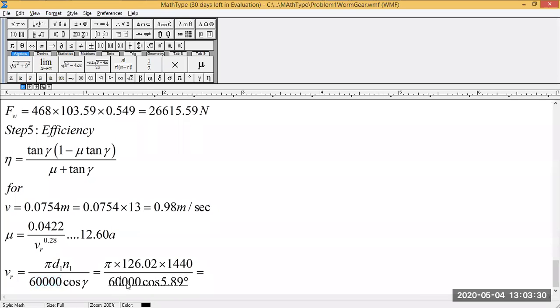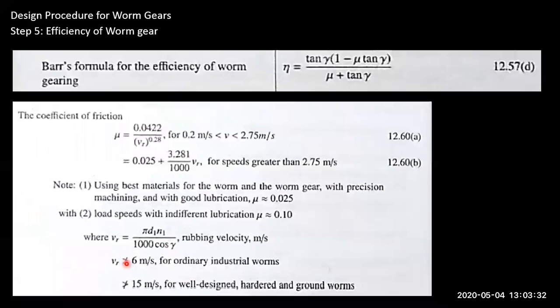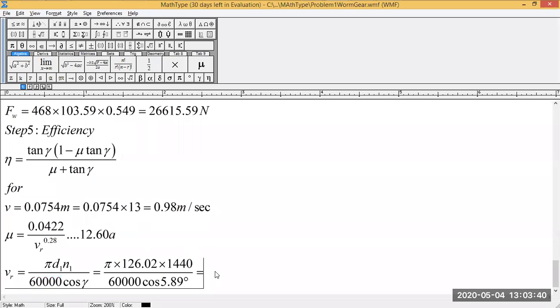Even in the data handbook, you just make this small note, change this to 60,000, similar to how we do while finding the velocity. So then we're getting the value as 9.55 meter per second. I think this is an error in the data handbook. Change it to 60,000.